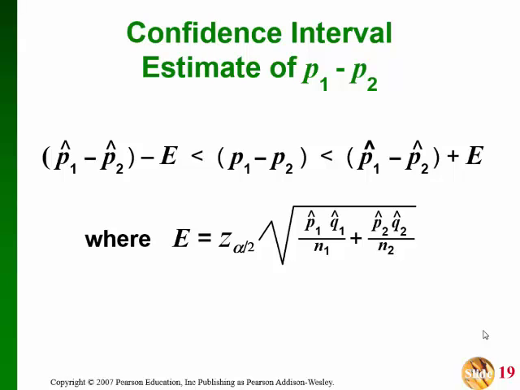So that last problem we did was a confidence interval, and I did the confidence interval without even showing you the formula, but here's the formula. We're familiar with the notation already, the p-hat business.